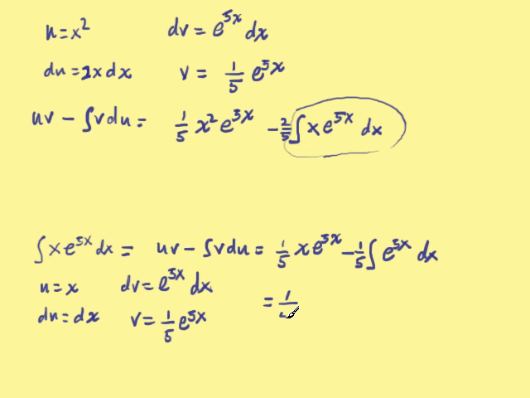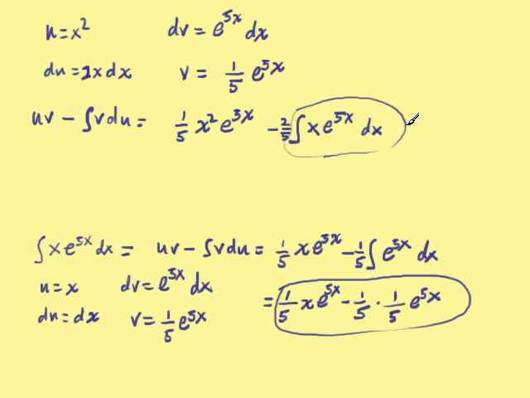So copying everything over, we have 1/5 x e to the 5x minus 1/5. And now for the evaluation of this integral, another 1/5 pops out, e to the 5x. So this goes right here. And as our final answer, we have 1/5, just copying this over, x squared e to the 5x minus 2/5.